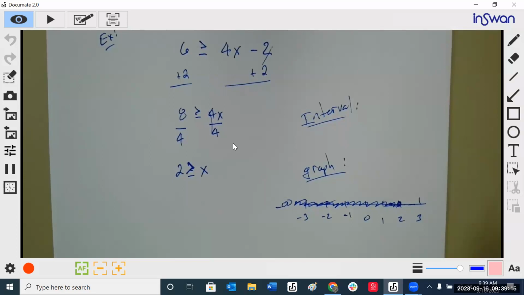You sure? Isn't it pointing to the right? Yeah, it should be.